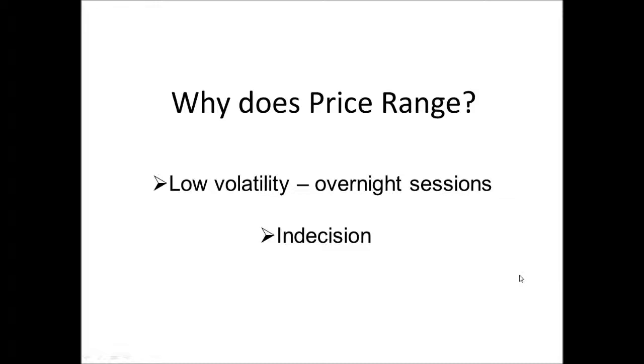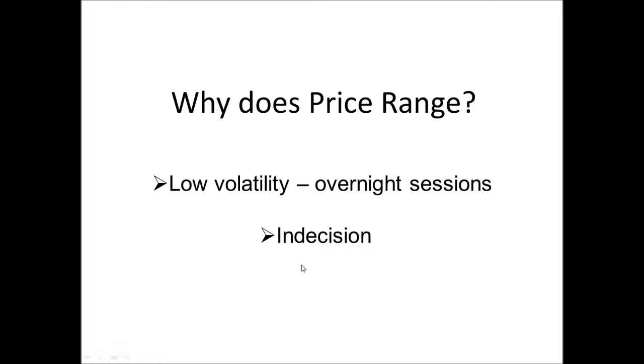So why does price range? There are a number of reasons why price ranges, just as there are a number of reasons why price trends. But two reasons could be low volatility, like overnight sessions on particular Forex currency pairs, and we'll look at that in a minute on a real life price chart.